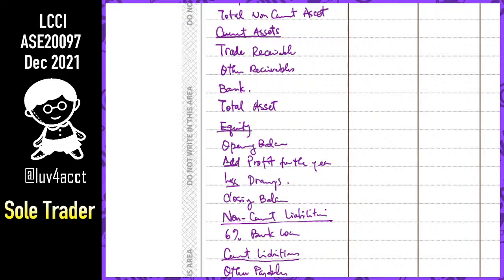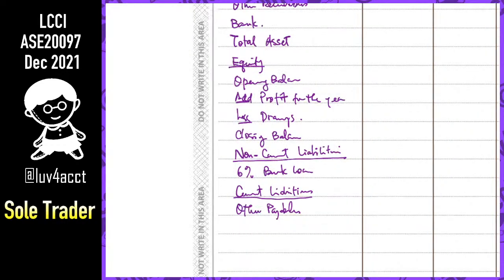And then you have the 6% bank loan. You can also write the bank loan first, because this one would be maybe more important. And then other payables. That's all. So you have total equity and liabilities.